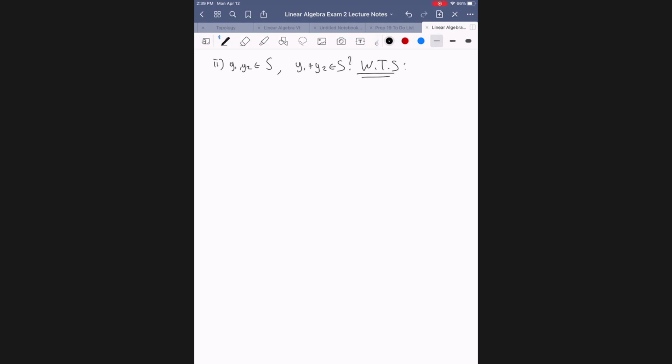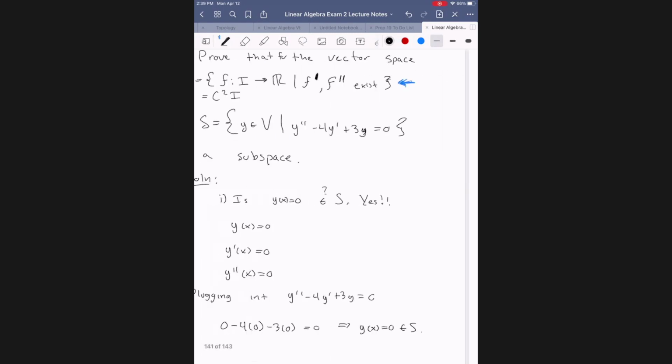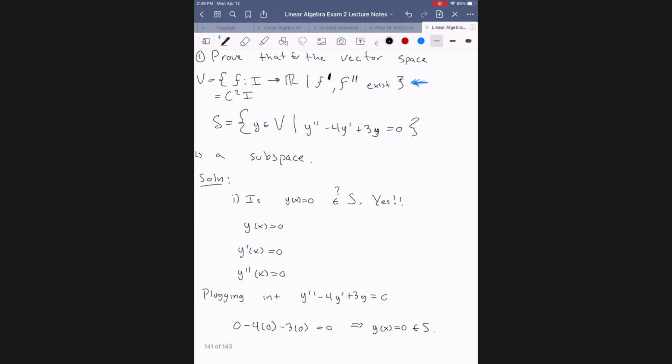So what do you guys think we'll do? Well, what does it mean to be a member of S? Can any function just be in S? Like, can cosine be in there?